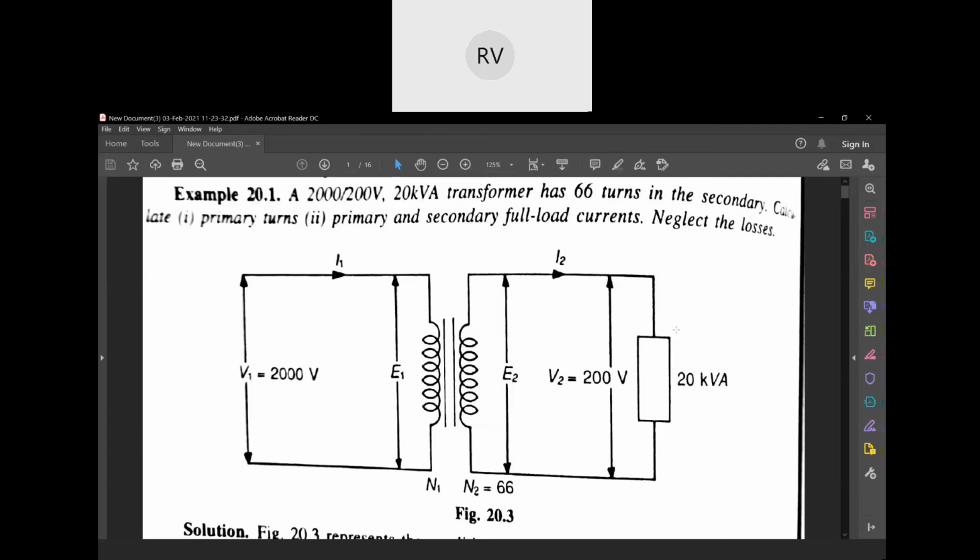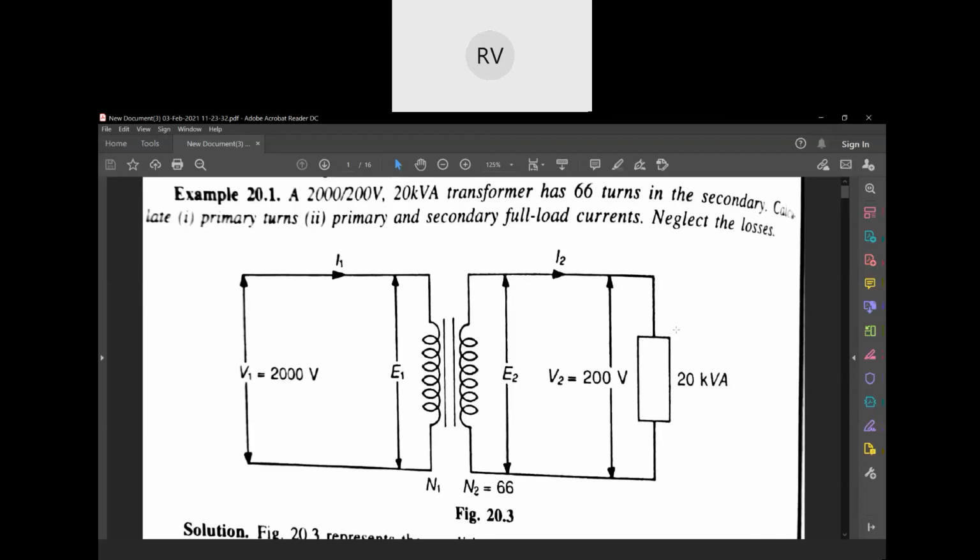And then he is giving us the total power of the transformer, which is always given in volt-amperes, nothing but V into I. Here he is giving us 20 kilovolt-amperes as the power of the transformer, and he's saying that there are 66 turns in the secondary, and we need to calculate the primary turns as well as the primary and secondary full load currents.